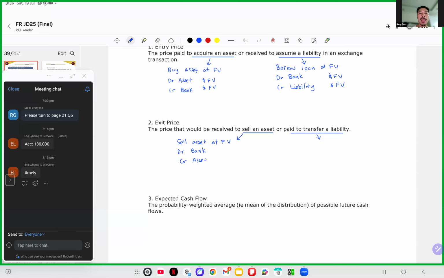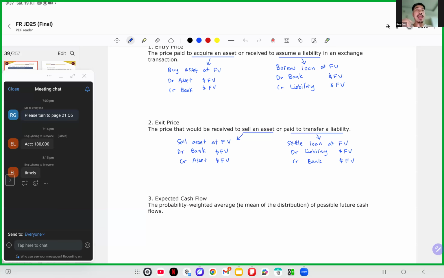Your buyer wouldn't pay you. So the price the buyer will pay you and the winning price that you'll be selling at is called the market price. On the other hand, you settle a loan at the fair value, at the settlement value. So here you debit a liability and you will credit a bank. What do you call that? I settle. So far all clear?